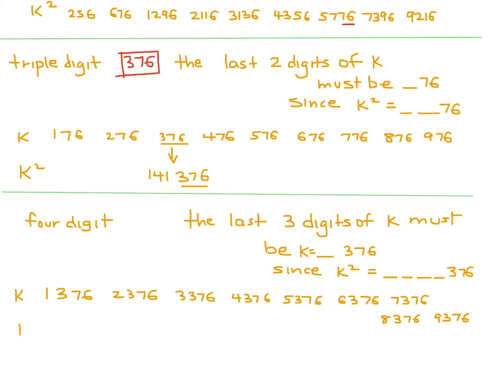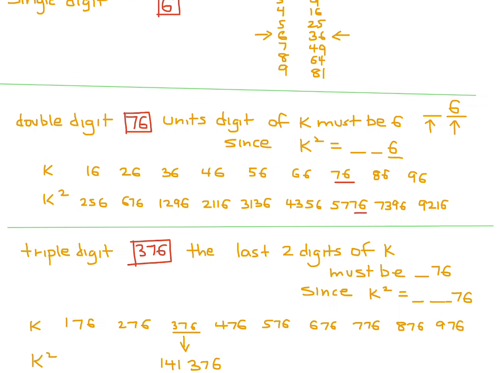These are our candidates for k. Square them all, and you will find that the only one that gives you an Anderson number is this one. When you square it, it's a big long number, 87909,376. So as you can see, that number ends in that number. So of the 4-digit numbers, the only one that is an Anderson number is 9376.